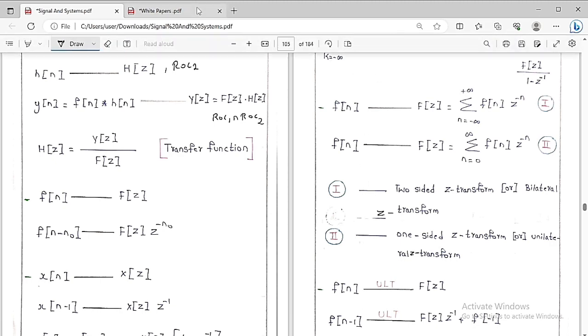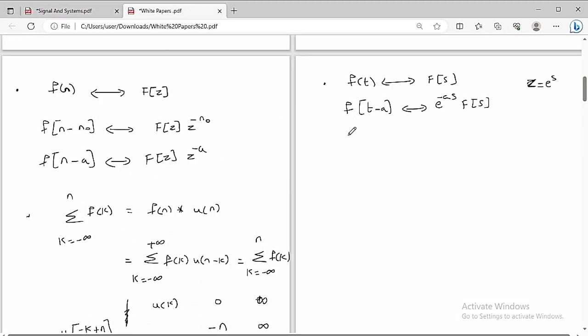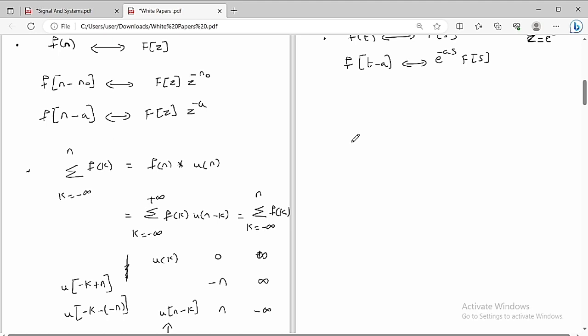So finally, let me write these equations so that you can easily understand. Listen carefully. In the case of the Laplace transform, I will write here F of s is equal to the integration from t equal to minus infinity to plus infinity of f of t into e to the power of minus st into dt.